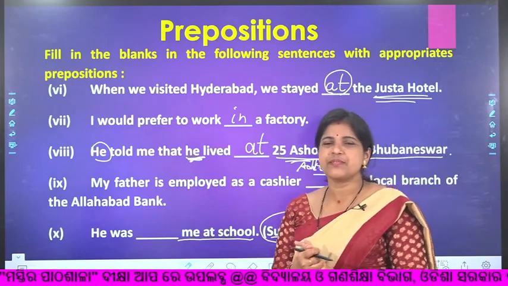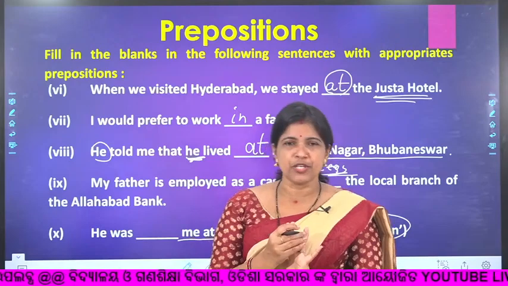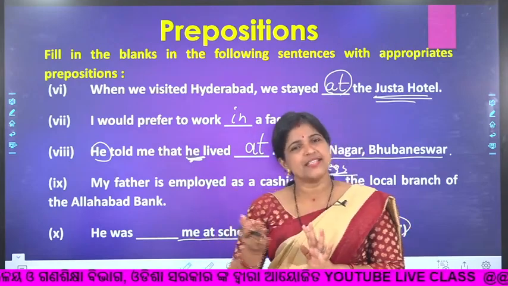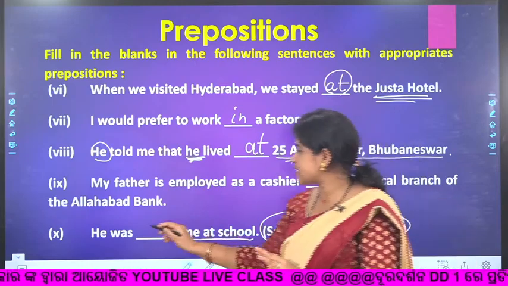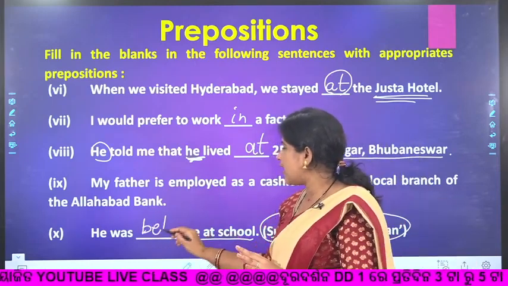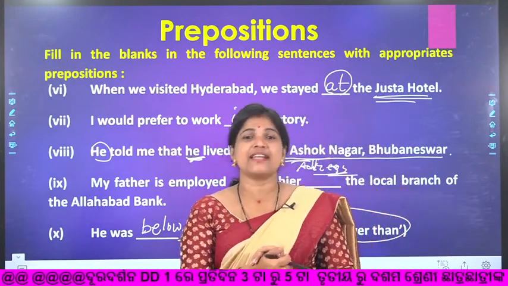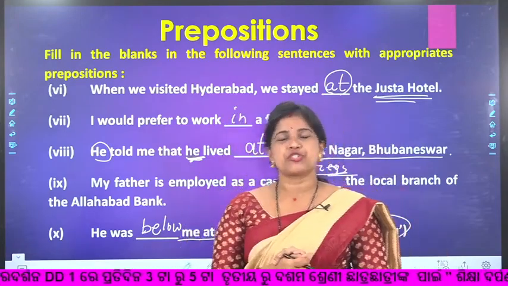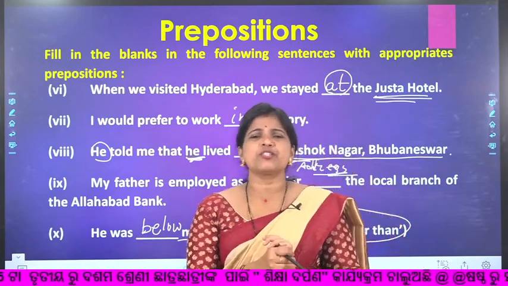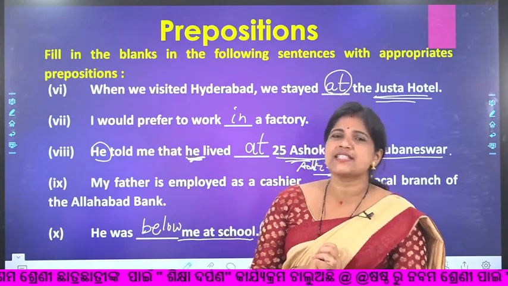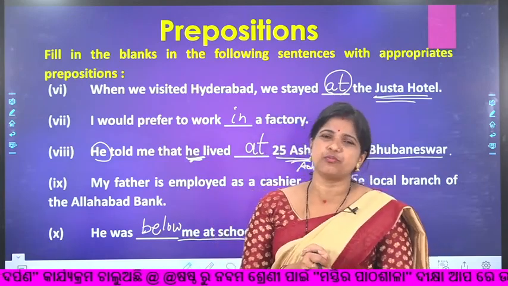When we compare, lower than means we have to use above or below. So, if higher than, then above, if lower than, then below. So, here the answer is below, and we have so many other prepositions of place, that we will discuss in the next class. I want you all to write down all these, go slowly and learn whatever is written in your book.